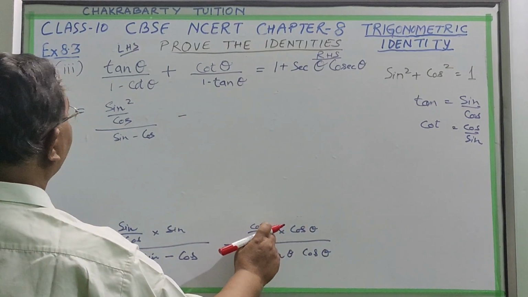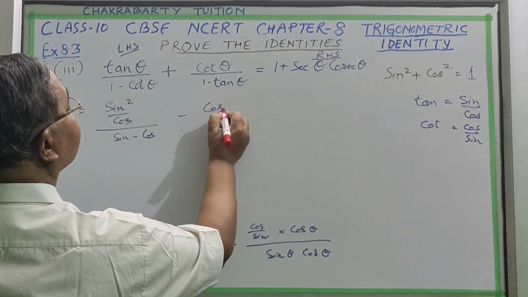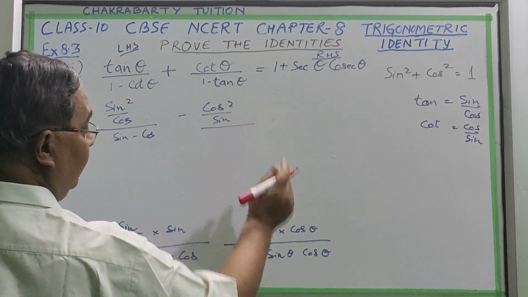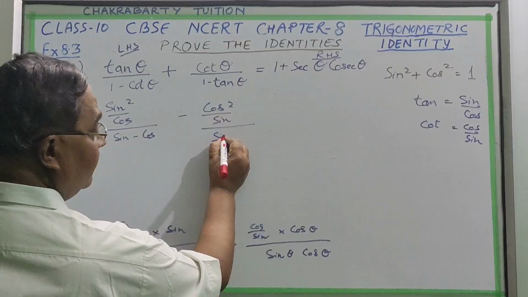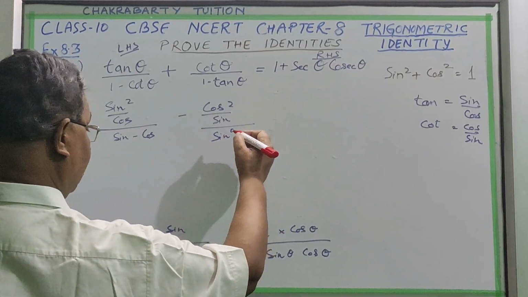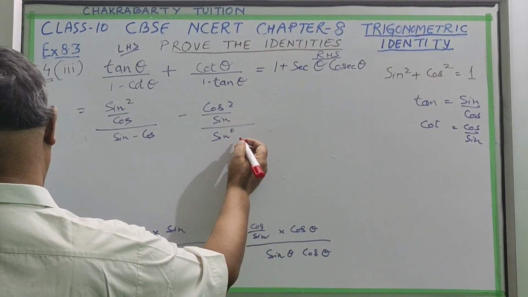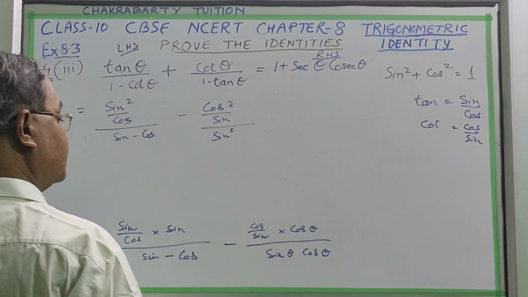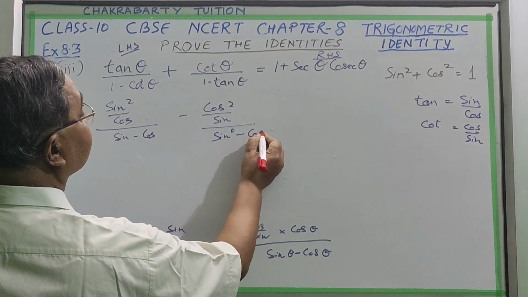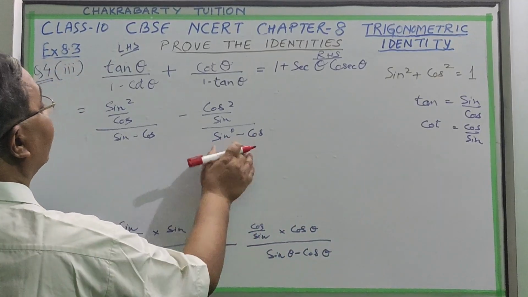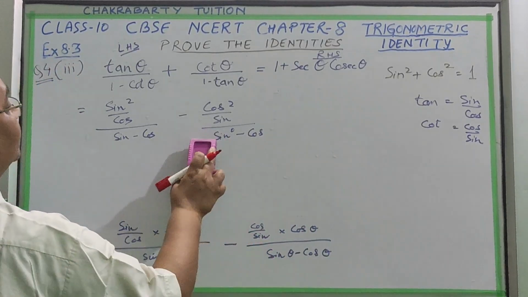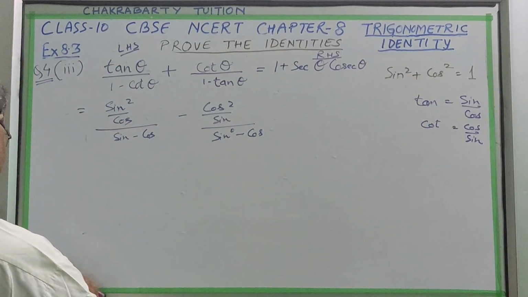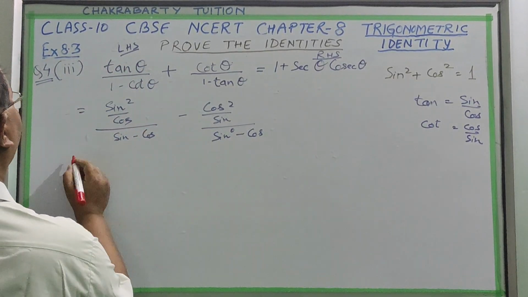Now this also, cos square it will become, and sine will remain there, and whole upon sine square cos square, minus cos theta. Okay. So this line will change to it. Now I am rubbing this line also. So it has changed.